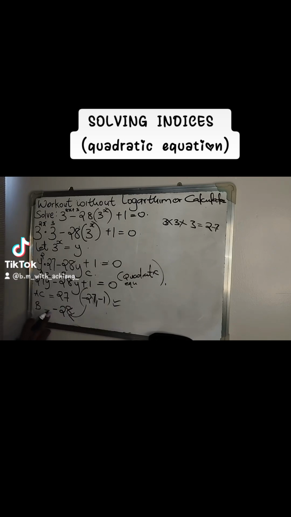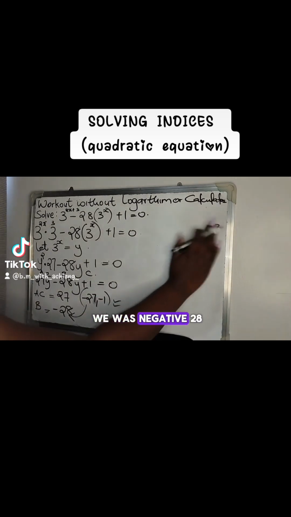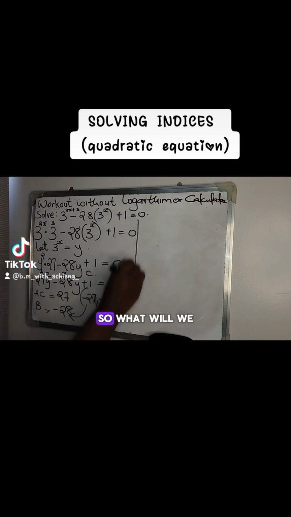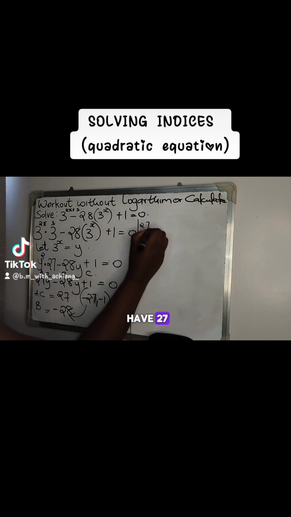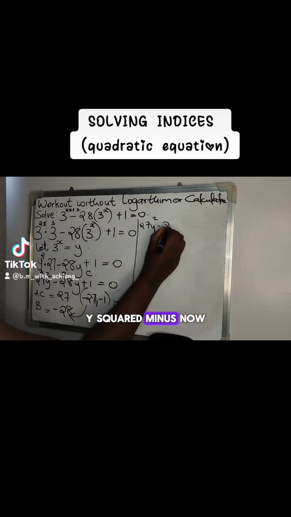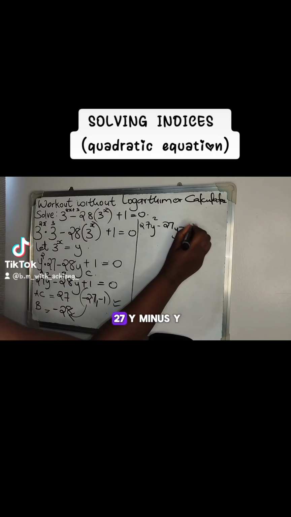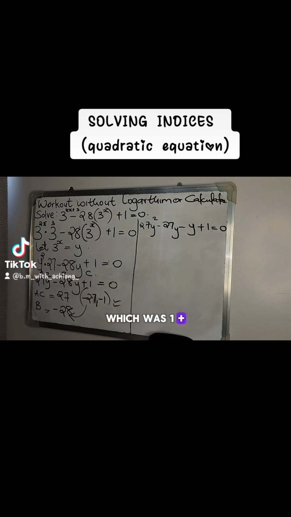Okay, so we are going to rewrite the equation, replacing b with those two numbers, because b was negative 28. So what will we have? We're going to have 27y squared minus 27y minus y, which was 1, plus 1 is equals to 0.